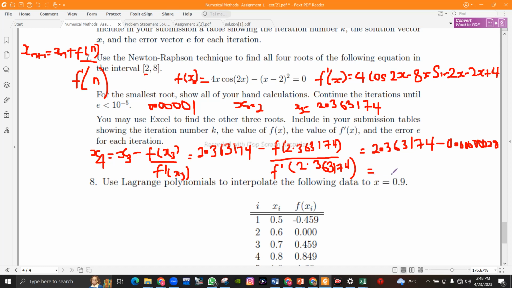So that's 2. We subtract that, 2.363171. So what's the error?